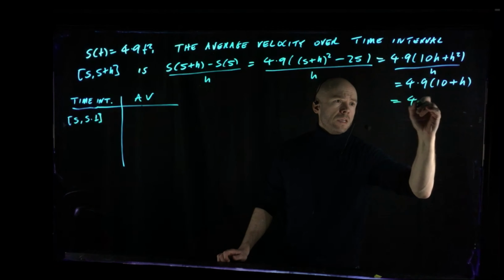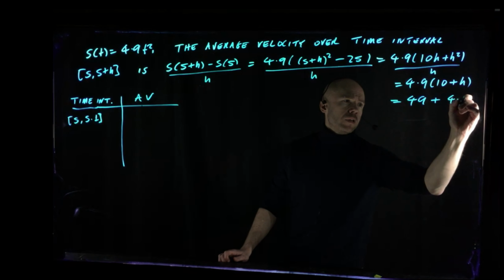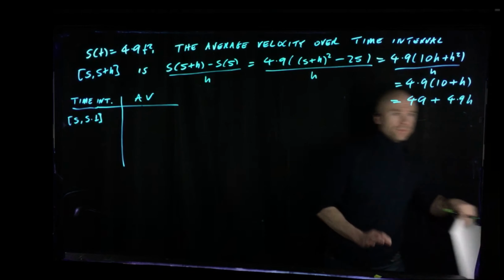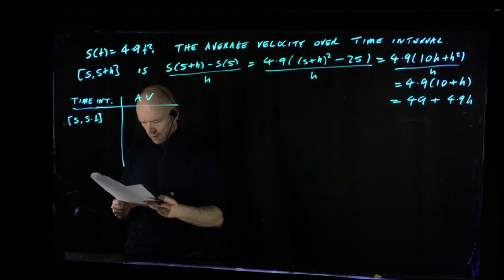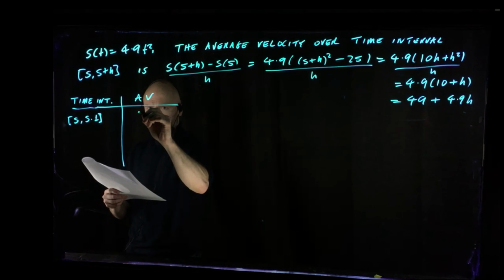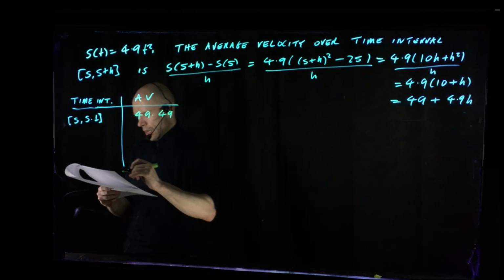This will be 49 plus 4.9 times h. Looks like I do need this. So here we're going to have 49.49.